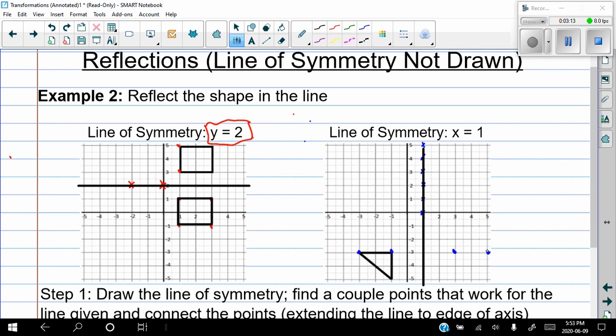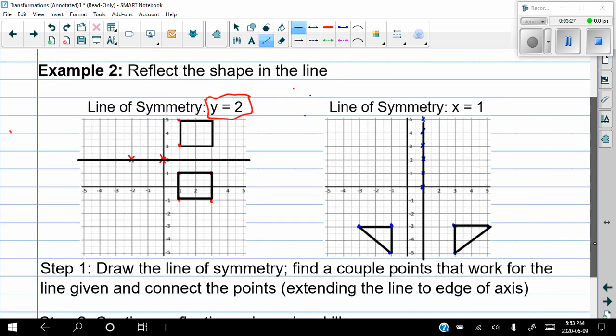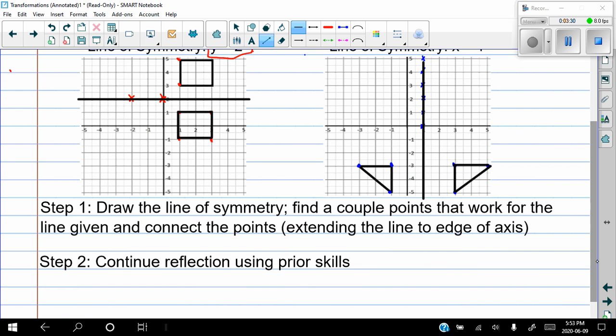The last point is 2 away, so we're going to be 2 away. And we can connect to join our reflected image. So notice step 1 is the only thing that differed, and then step 2, continue with reflection using prior skills.